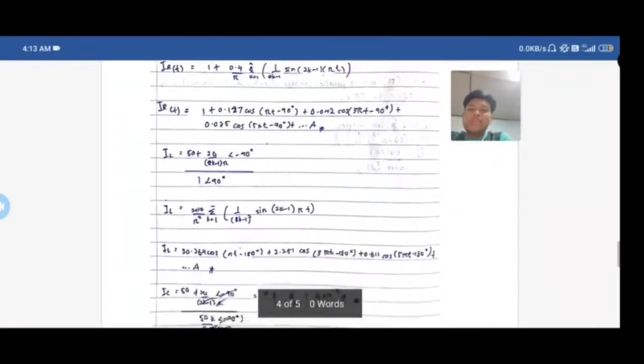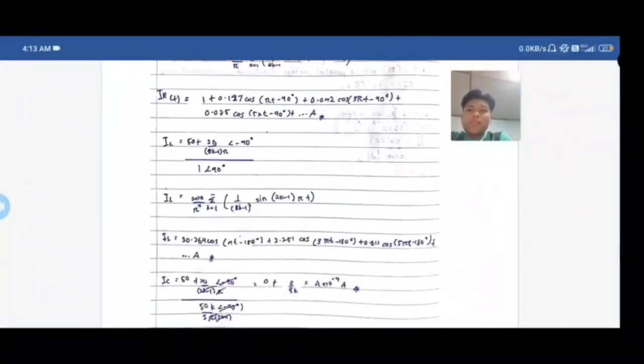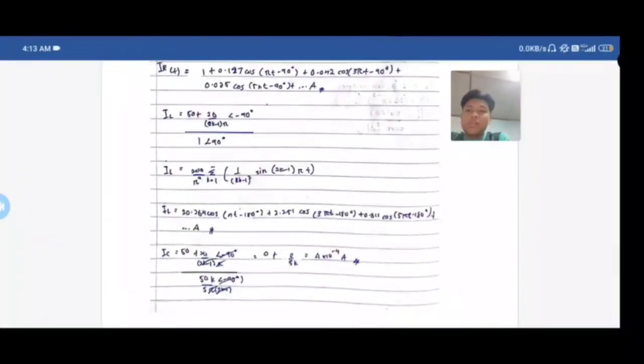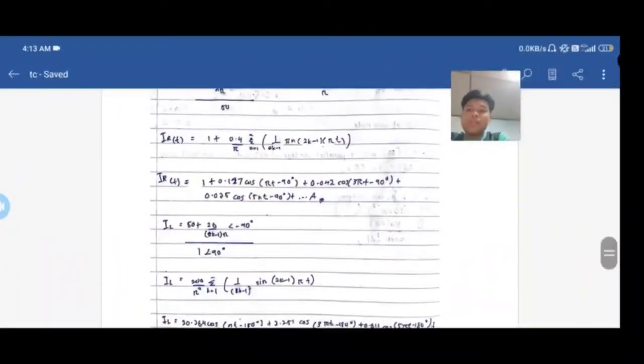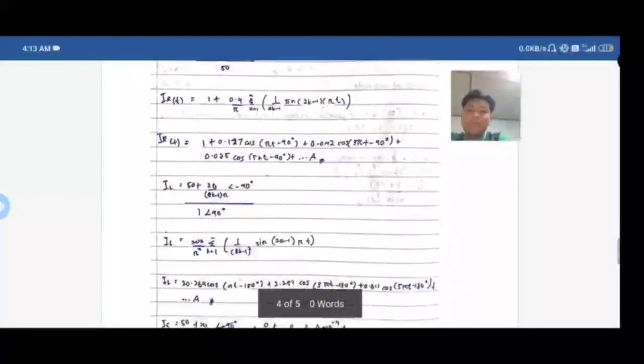So for the current at the inductor branch, it is 50 plus 20 over 2k minus 1 pi, less than negative 90 degree, over 1, which is the voltage 50 divided by 50, so we'll get 1.